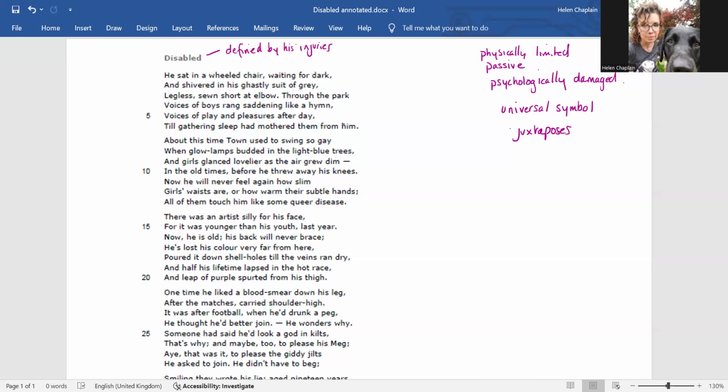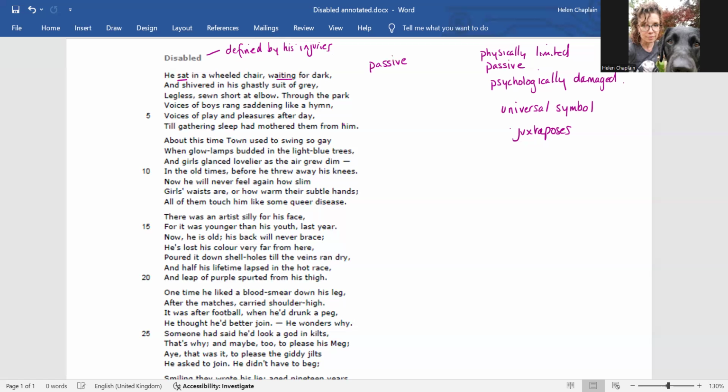And obviously now we know that if you are disabled, then you certainly shouldn't be defined by your disabilities. But Owen, in choosing to call the poem Disabled, is really highlighting that as a huge impact. We have, "he sat in a wheeled chair waiting for dark." We have two words here which are highlighting that passive approach.